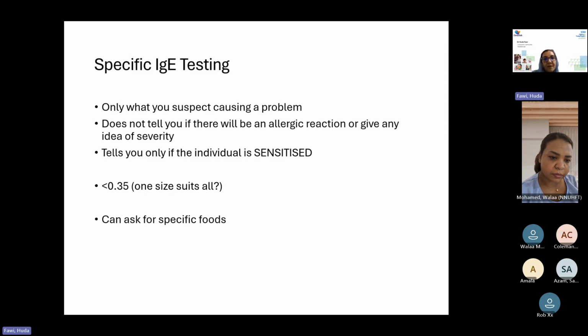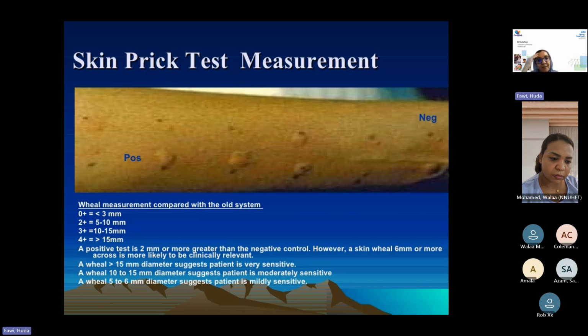Right, the skin prick testing. So what we do is we have solutions, we put the specific solutions on the skin, and then we prick each allergen, and in about 15 minutes we'll have a wheal.